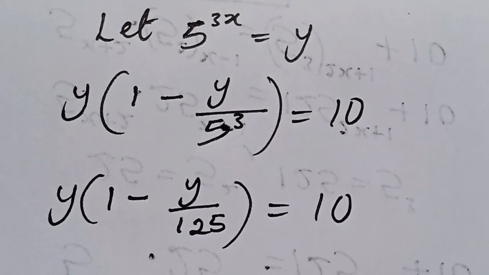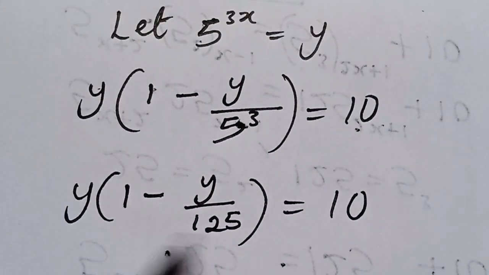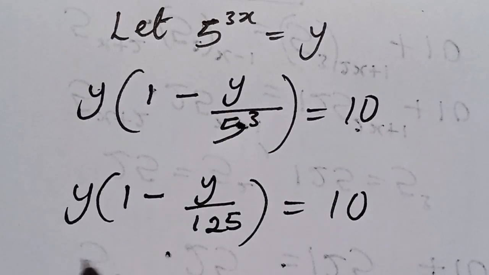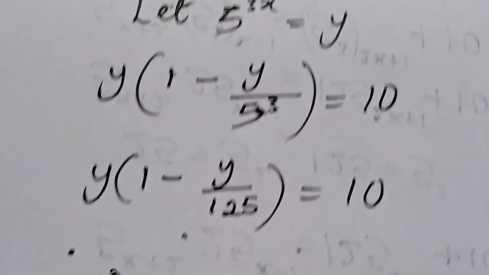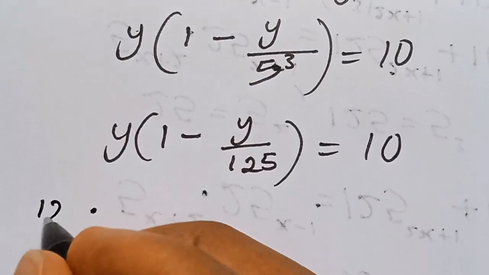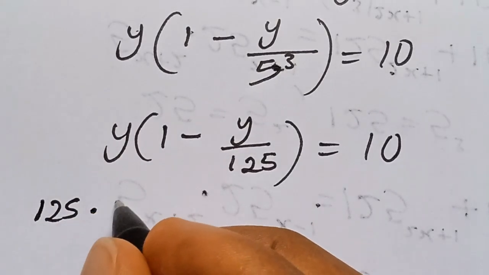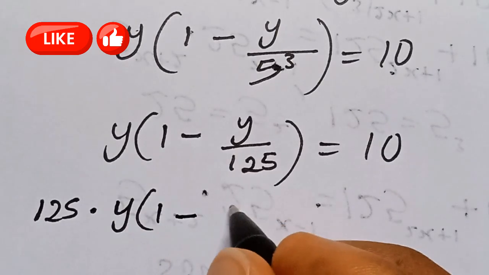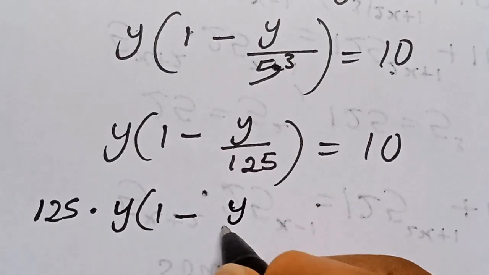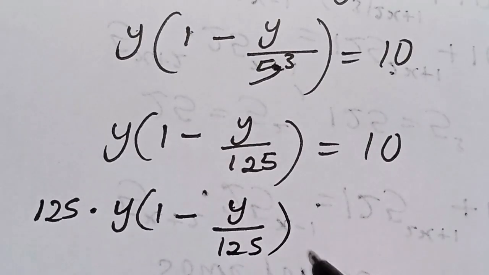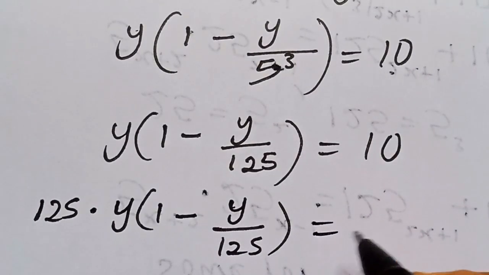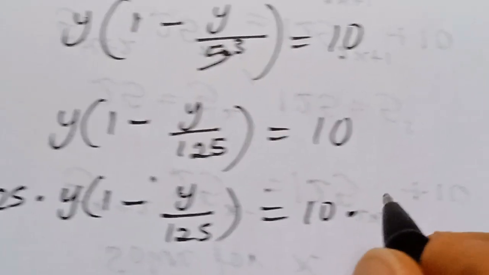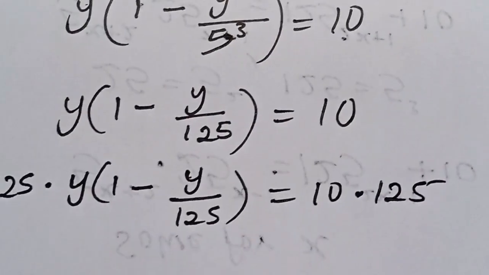So from here, we can multiply 125 throughout this expression. So we have multiply by 125, then we close the bracket, equals 10 multiplied by 125.